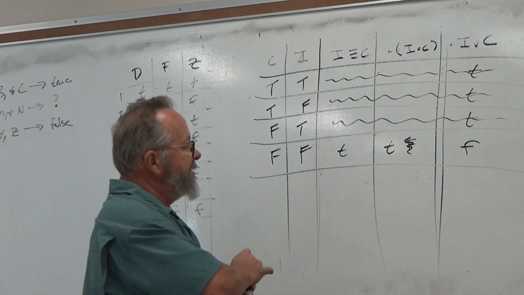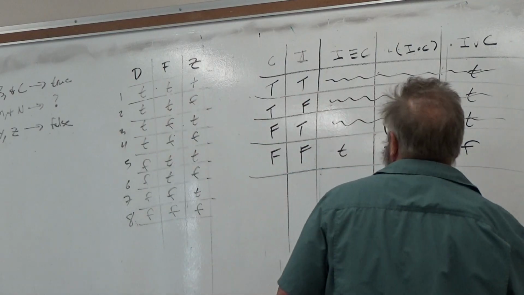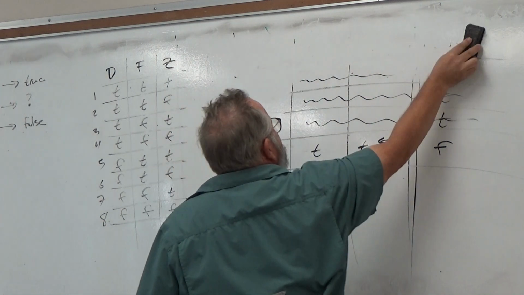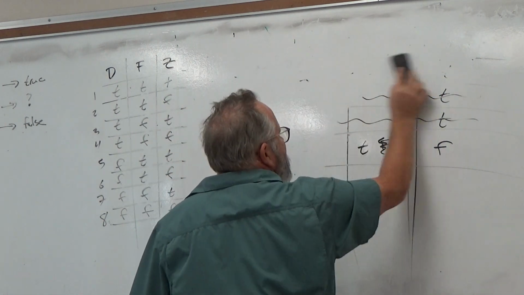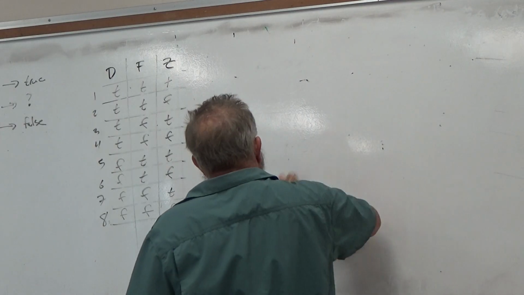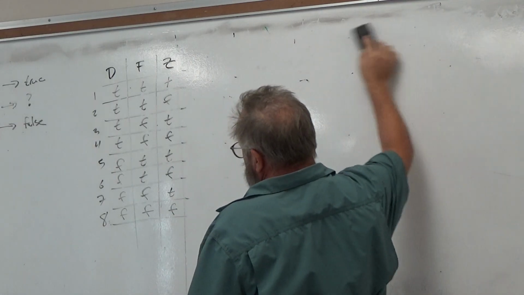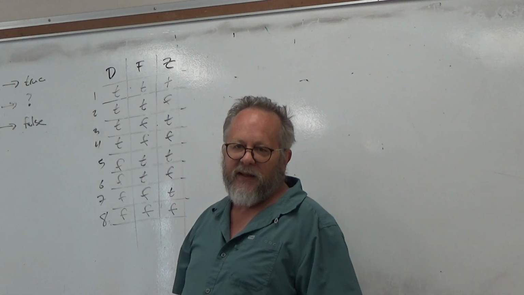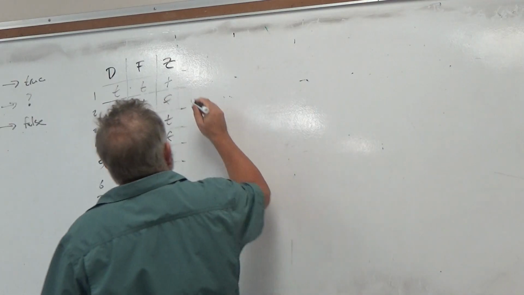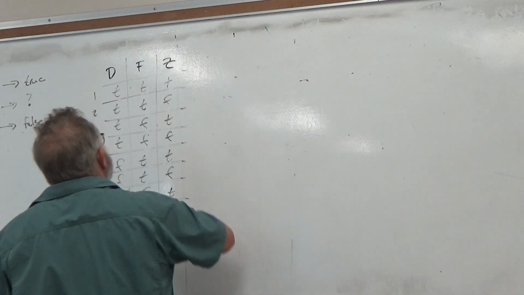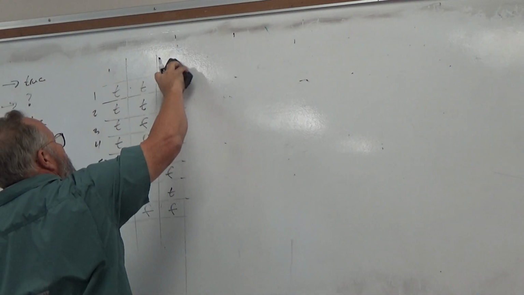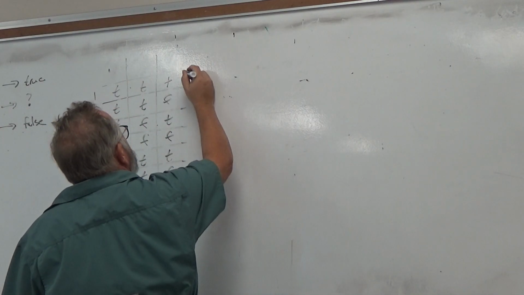Let's do number 8. That's not too big. And by the way, I'm not going to give you truth tables with 16 lines or something like that. The most will be 8. Does everybody understand that? 4 or 8. Okay. And I've already talked to you about partial credit, right? Okay.